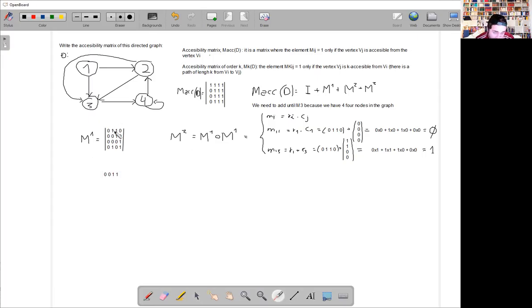So how did I do it? Well, the first row multiplied this row by the first column, by the second column, by the third column, and by the fourth column, right? These operations are very easy to do because you only have to put a 1 when there is a match, right? For instance, here, in the last position, we are multiplying the first row by the last column. And in this case, because of this 1 multiplied by this 1, right, we will get a 1 in the final result.